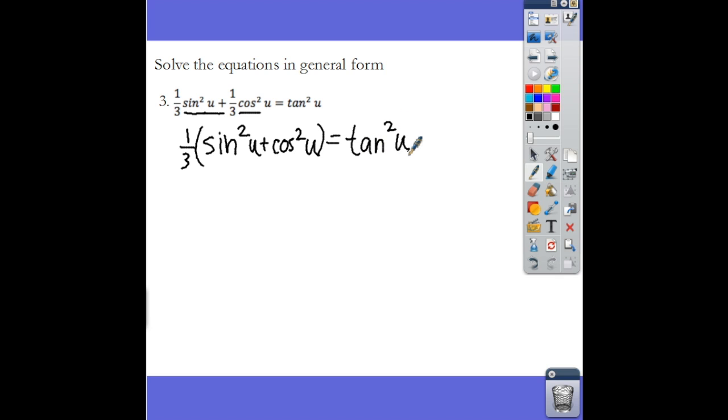So you know that sine squared u plus cosine squared u equals 1 from the Pythagorean identity. So then you have 1/3 times 1 equals tangent of u squared.